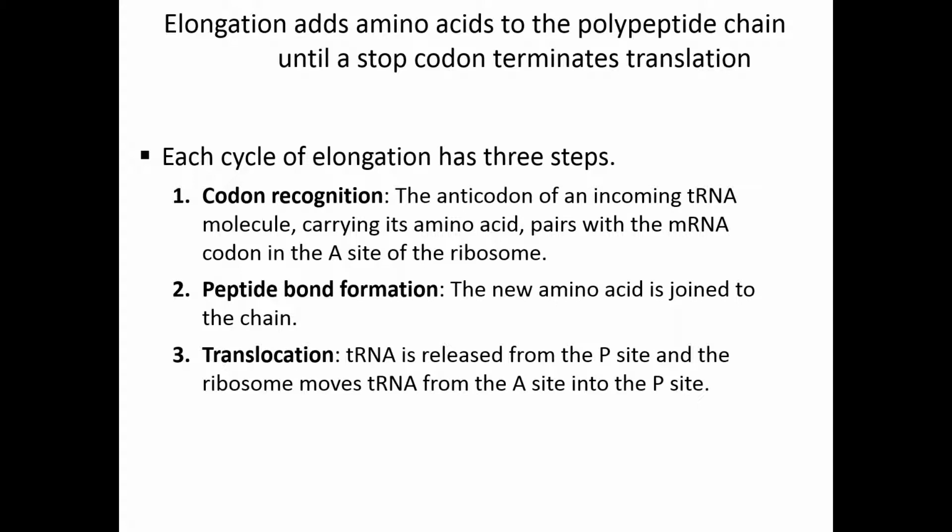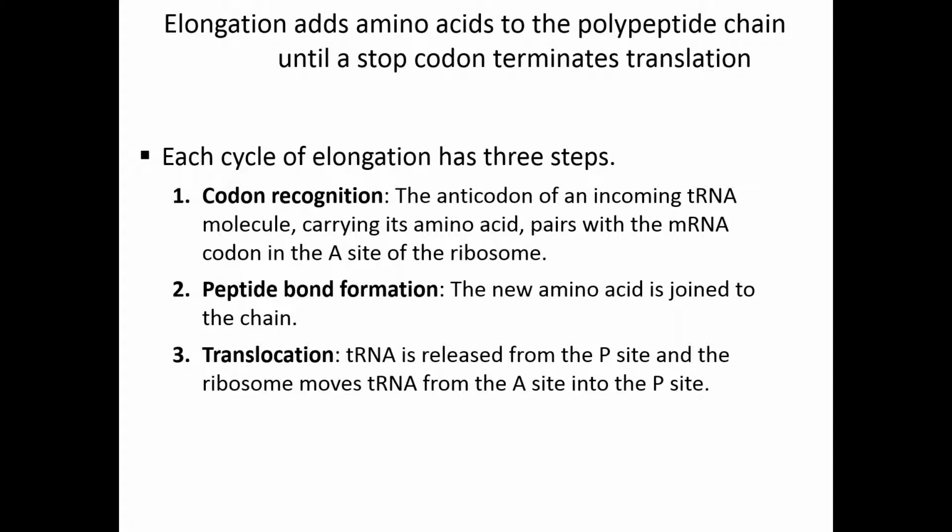Then you have translocation, where your tRNA molecules shift positions. The tRNA molecule that occupied the P site will occupy the E site. The tRNA molecule that occupied the A site will now occupy the P site. And now the A site is vacant.